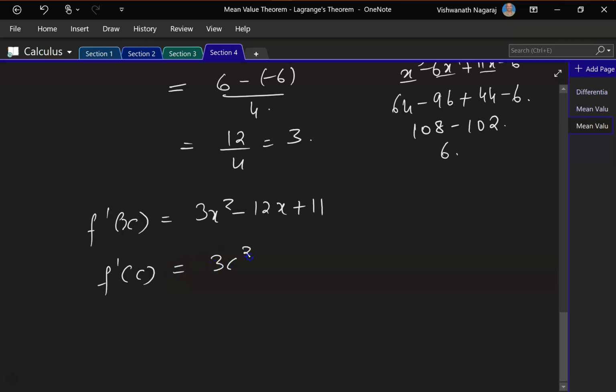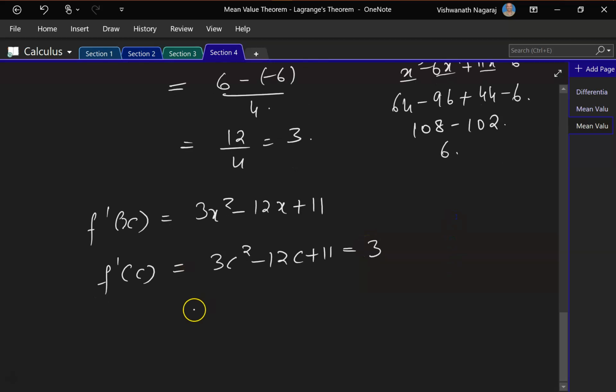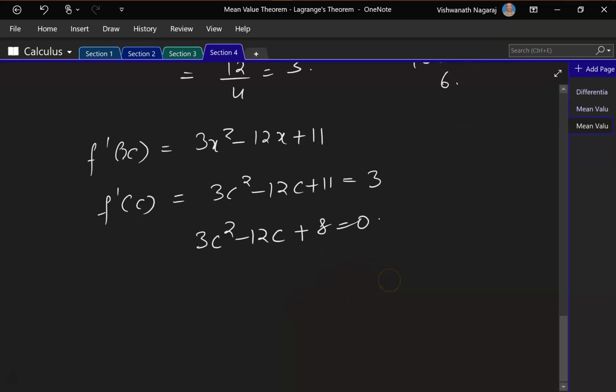So 3c square minus 12c plus 11, and we know at this point, that is at c, it is 3, right? So now let's solve this quadratic. 3c square minus 12c plus 11 minus 3, which is 8, equal to 0. Okay, let's directly apply the quadratic formula.